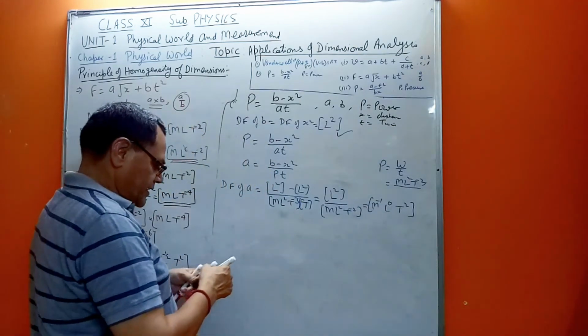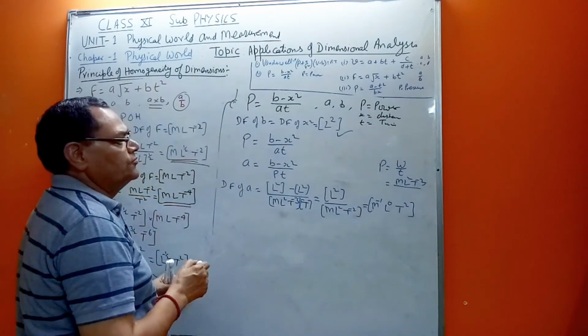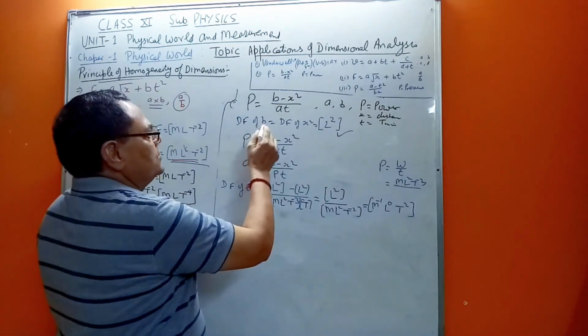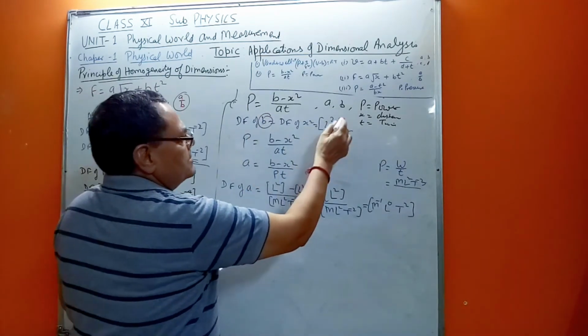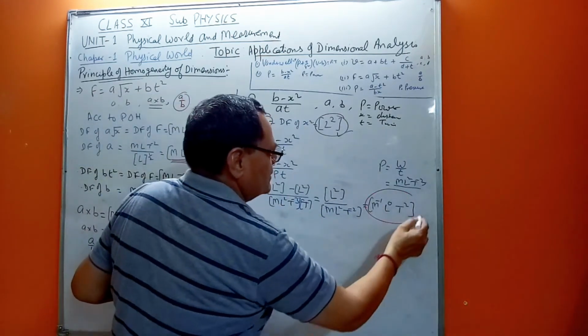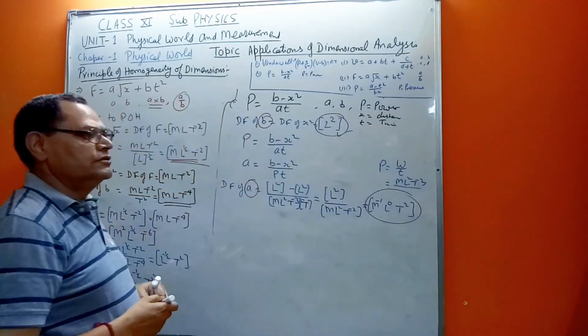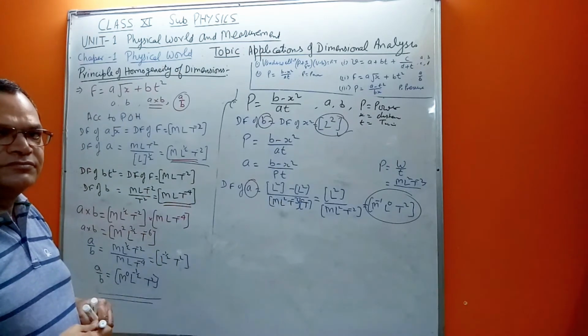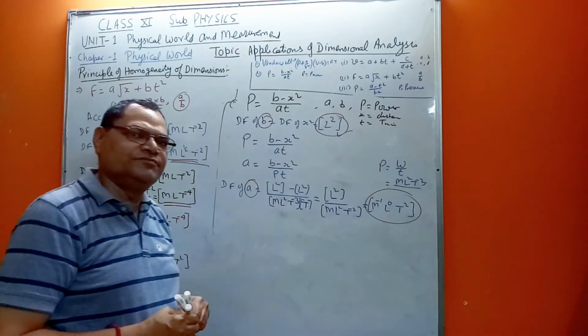This way we can find the dimensions of A and B. So the dimension of B is L square and of A is M minus 1 L0 T2. I am sure it's very clear to you.